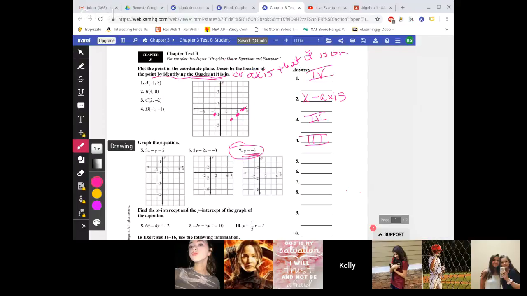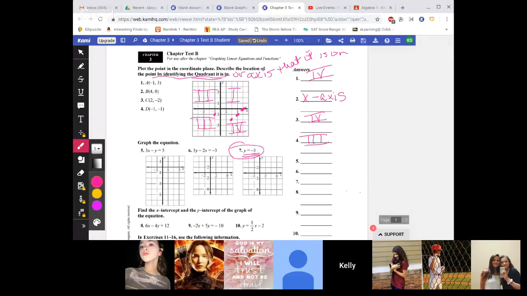I'm going to write in the quadrants for numbers 1 through 4, just to remind everybody how they're labeled. This is quadrant 1. This is quadrant 2. This is quadrant 3. And this is quadrant 4. So it goes in a counterclockwise fashion, beginning at the top right.